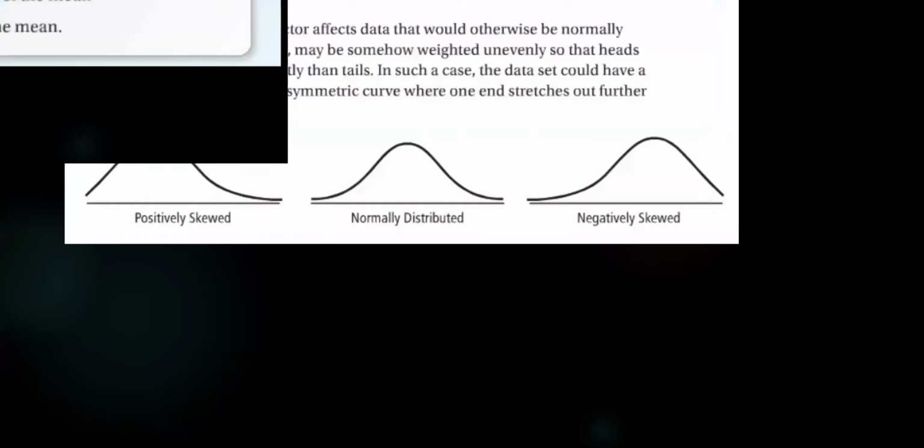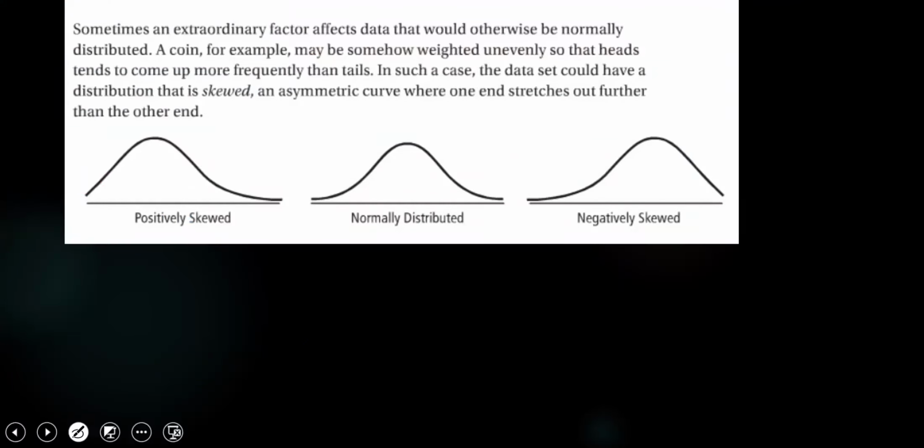Now, some of the bell shapes are not normally distributed. They are positively skewed to the right, or negatively skewed to the left. Why does this happen? Sometimes there are factors that affect the data. As an example, as I told you, not all the data have the same condition.